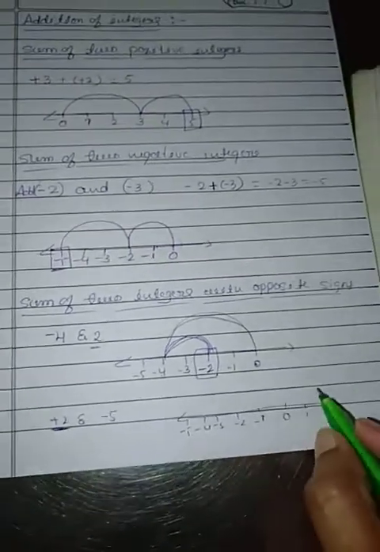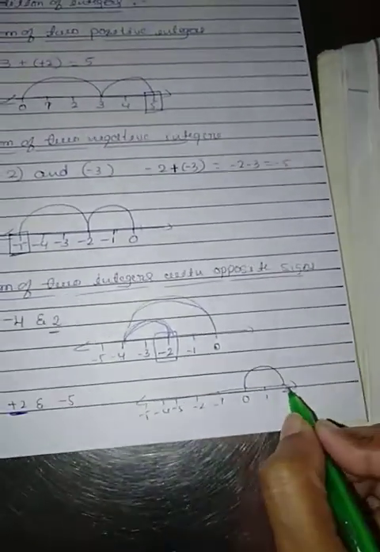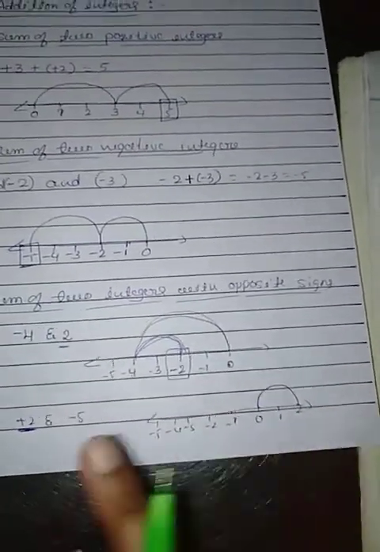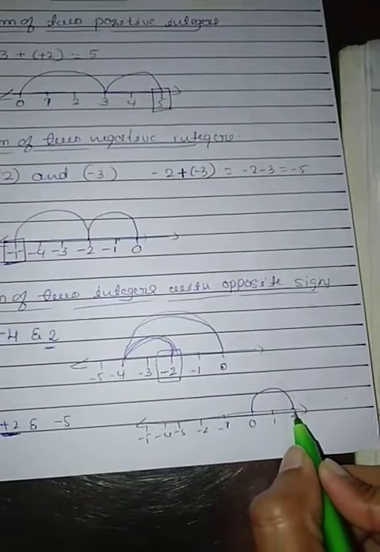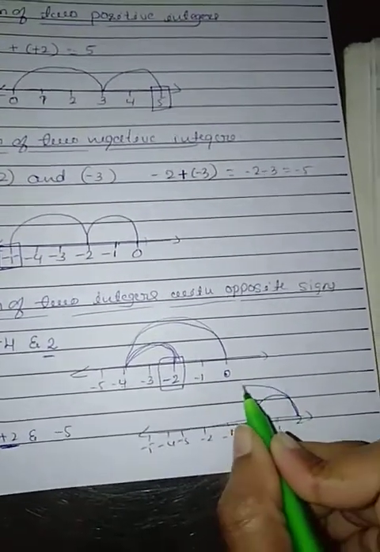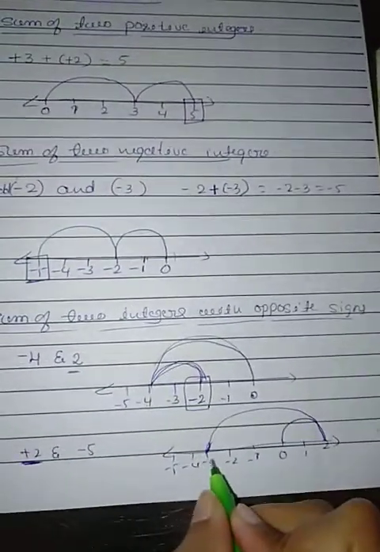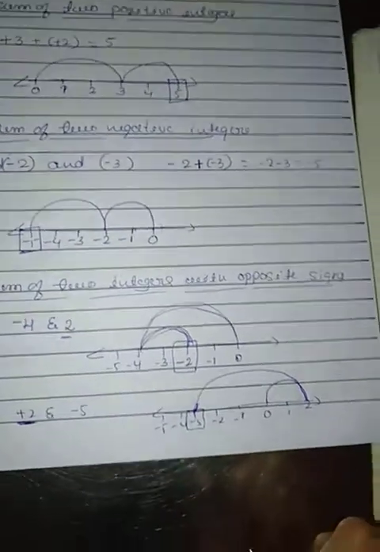Okay, so first move from 0 for 2 places. Then from 2 move 5 places, count from 2, 1, 2, 3, 4, 5. So you will reach minus 3. So you will get minus 3 as the answer.